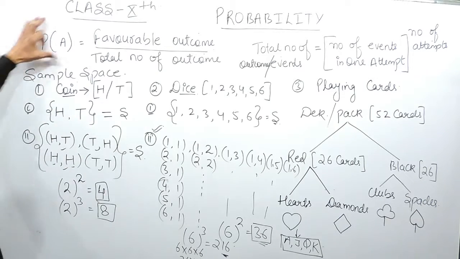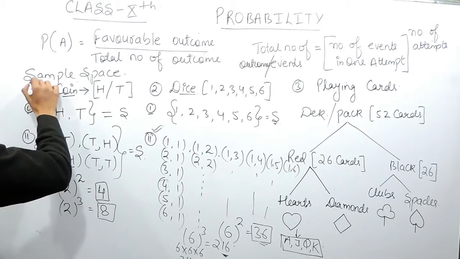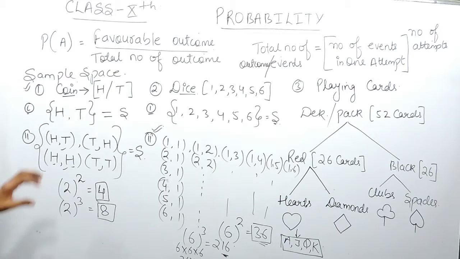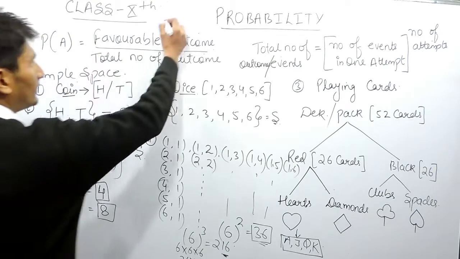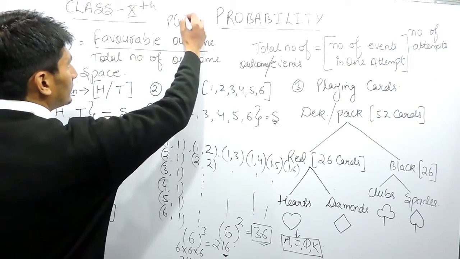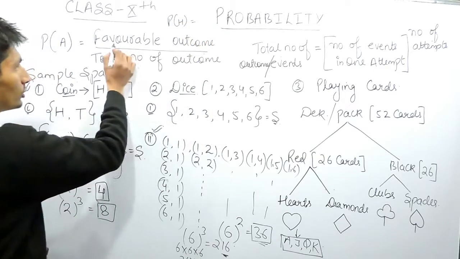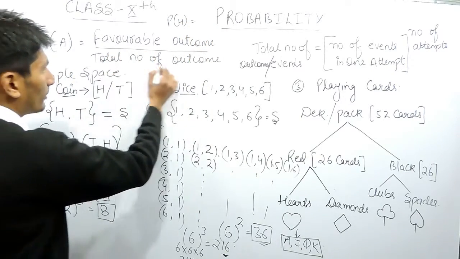Now, how to find a probability? Consider this example. I am tossing a coin and I want to find the probability of head coming. In that case, you need to know the favorable outcomes and the total number of outcomes.